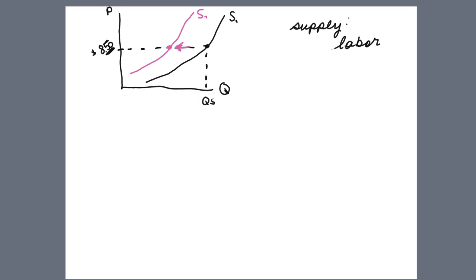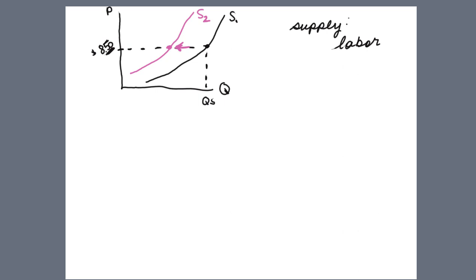Now, the part of this problem that also is confusing is that they add that restaurants then must raise wages in order to attract workers. So here's what this is saying.